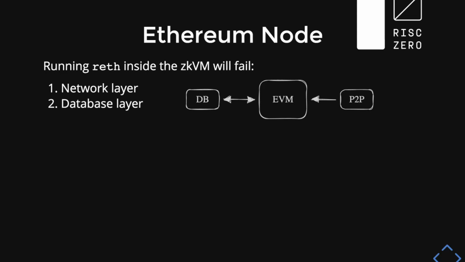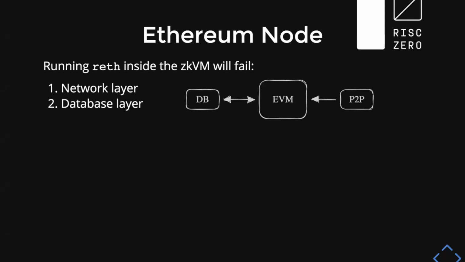And the other one is the database. It's highly optimized, but essentially you need the previous state in an accessible format to apply the new transactions and stuff like this. In any Ethereum node, this is stored in a DB, and this also doesn't really work in the ZK context.